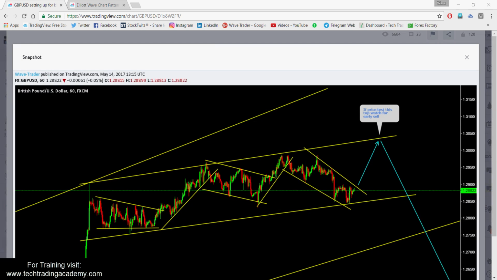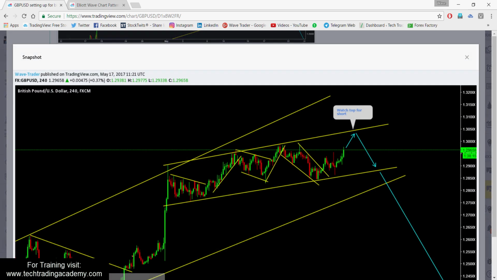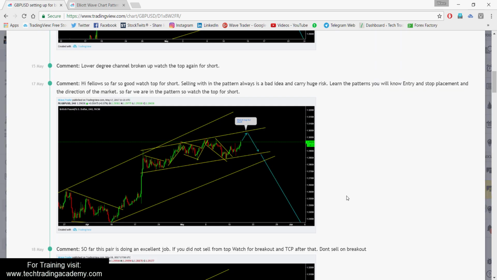The first test came here and we saw an impulse after that, and we sold at that top. I'm just showing you what we have done so far on this pair and what we're going to do in the next couple of days, where we'll see the trade setups and how we place the trades.